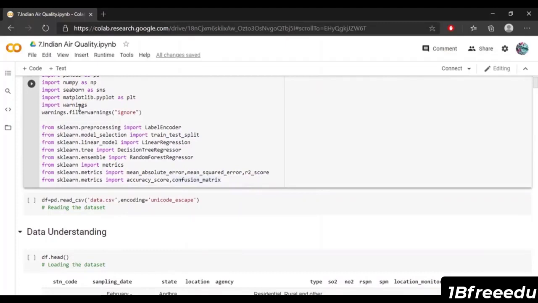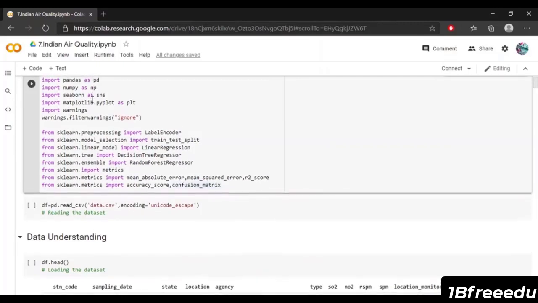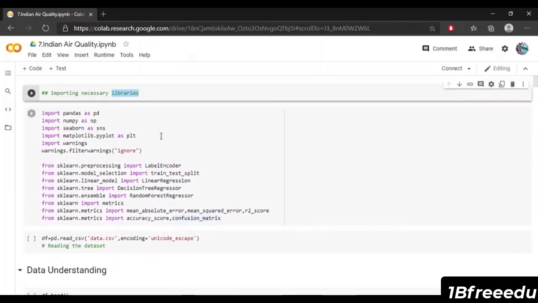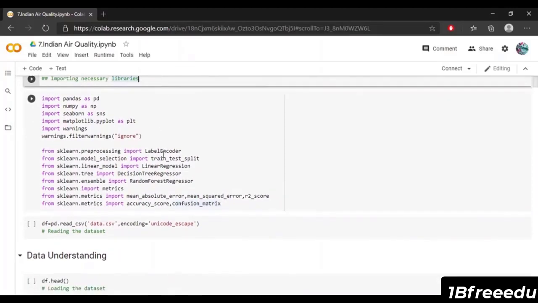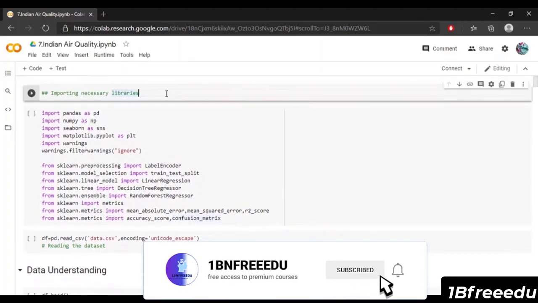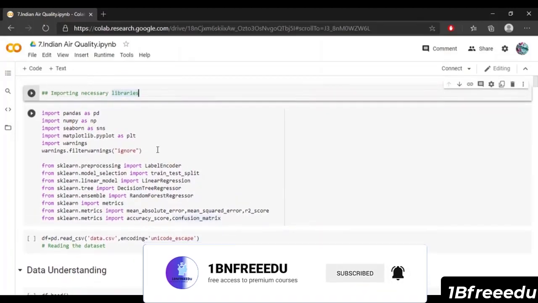Seaborn is a visualization library which will help us to visualize statistical graphs, and this is again based on matplotlib. Our fourth import over here is matplotlib, and what matplotlib does is help us to create plots.